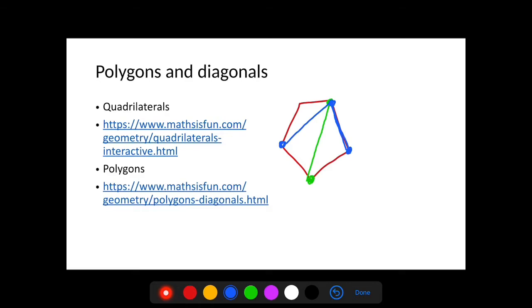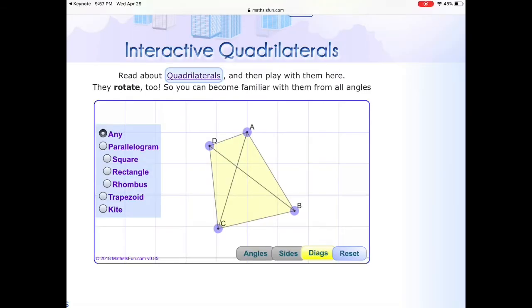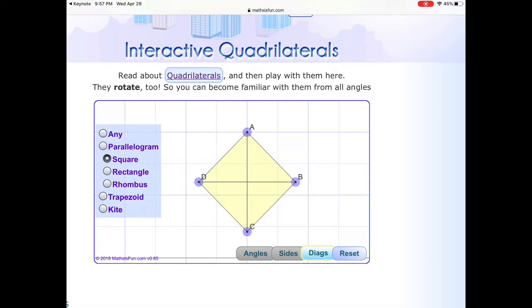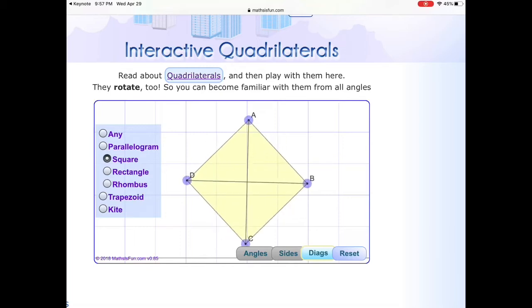So let's look at some interactive polygons. First, we'll go with quadrilaterals. Some of the diagonals of quadrilaterals have some pretty interesting properties. If we look at a square, you can see that the diagonals bisect each other, they cut each other in half, and they form a right angle where they intersect.